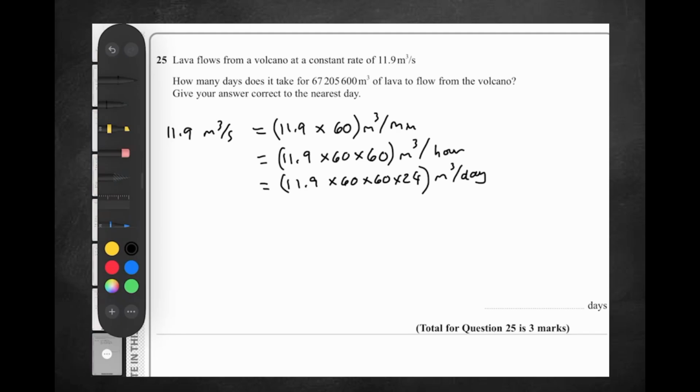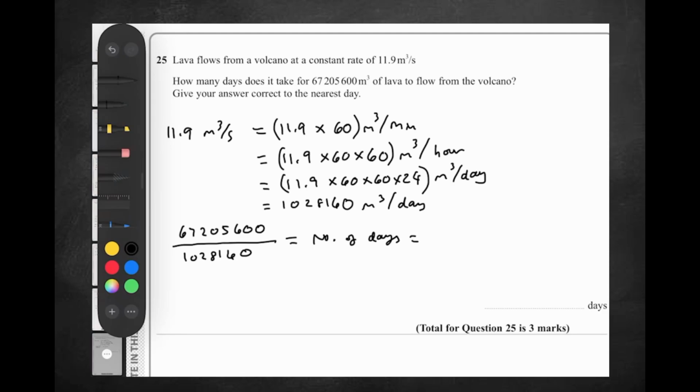11.9 times 60 times 60 times 24 is 1028160 meters cubed per day. So if we now do 67,205,600 divided by 1028160, we will get the number of days.